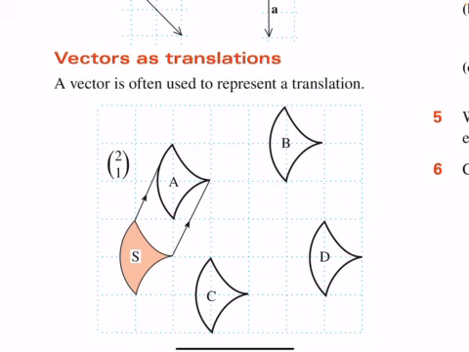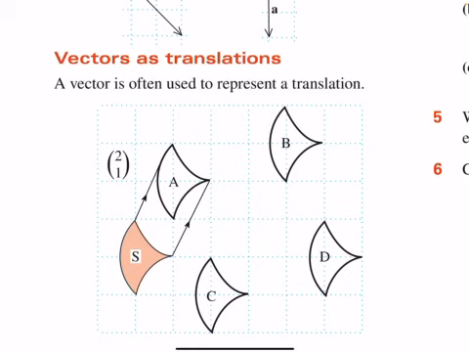A onto C is a different story. Look, it's there, so it's only 1, and then 1, 2, 3. But it's not positive. I'm going downwards, meaning it's negative.